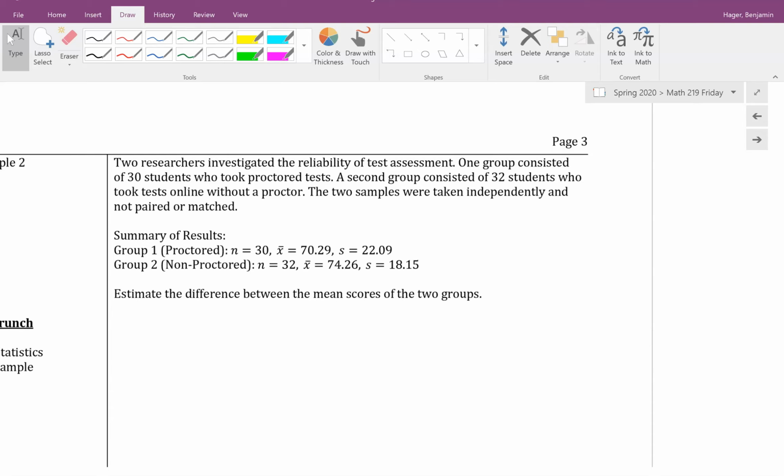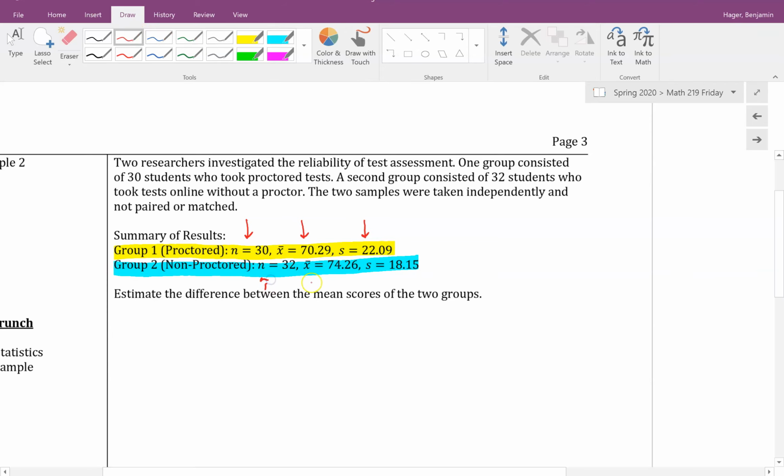So we've got 2 groups here. We have a group that was proctored, so someone was standing in the room while the students took the test. And there is our sample size, the average test score, and the standard deviation of all the test scores. Then they're comparing that to a second group of students that were not proctored. No one was watching them take the test.